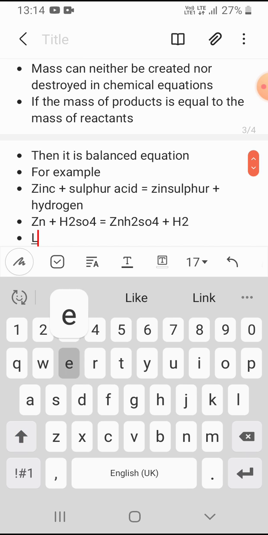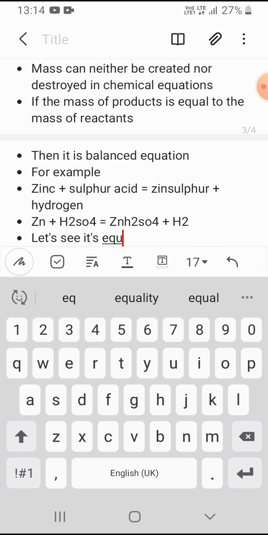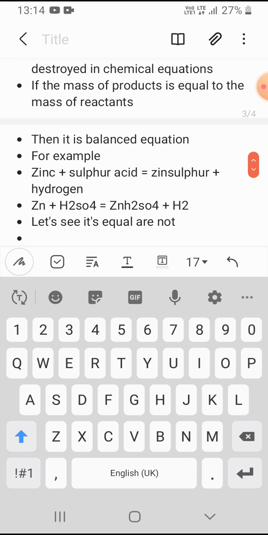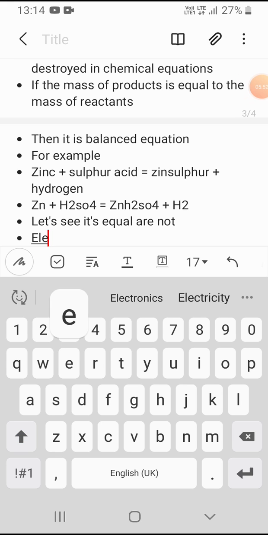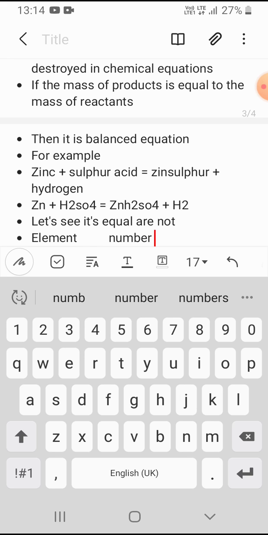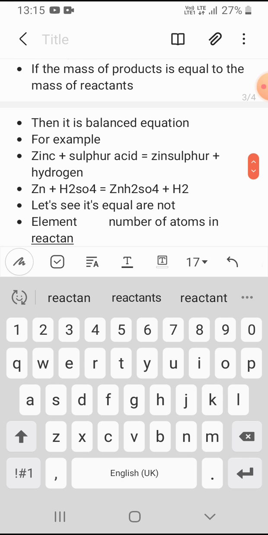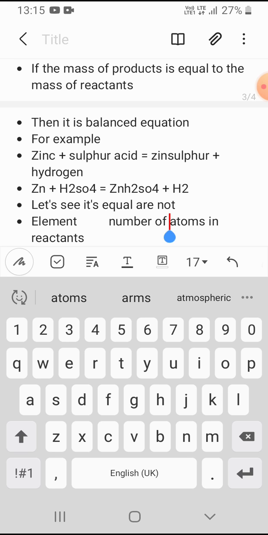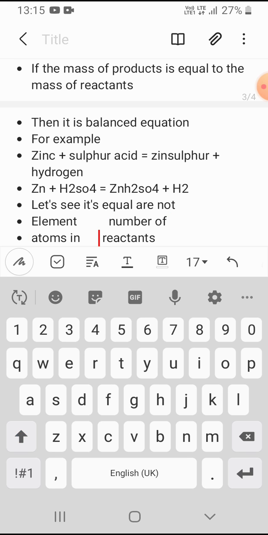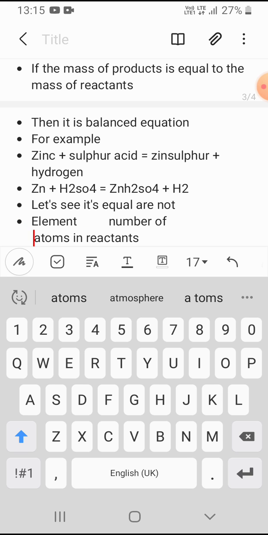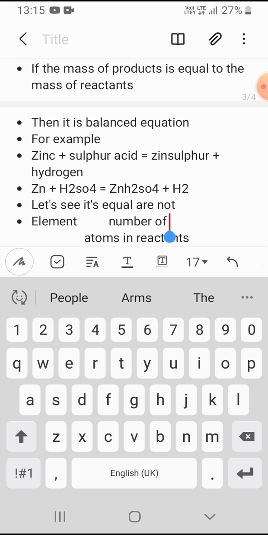So let's see whether it is equal or not. To check, first we have to write the elements we took, like zinc and H2SO4.